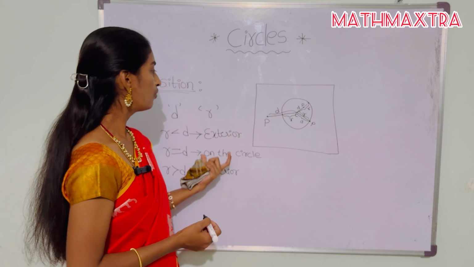And as the center is also interior of the circle, the center also does not belong to the circle. You remember this statement: center does not belong to the circle. Only the points which are on the circle always belong to the circle.